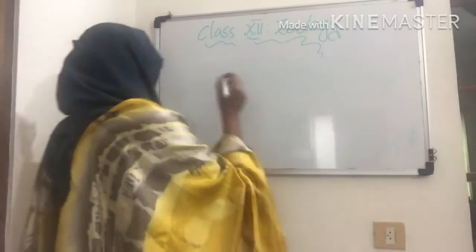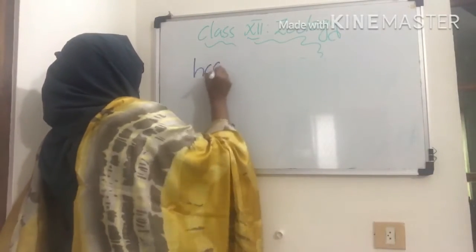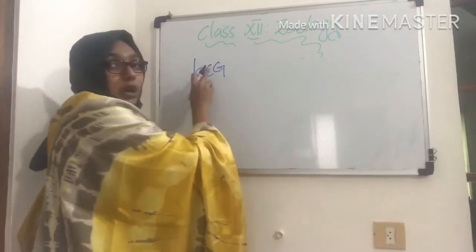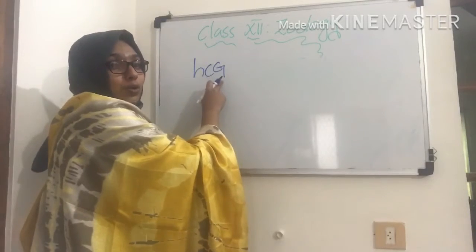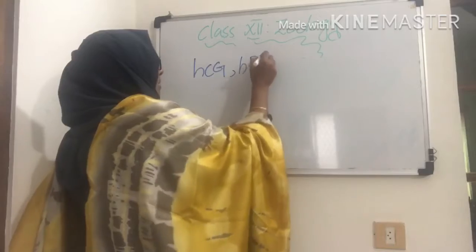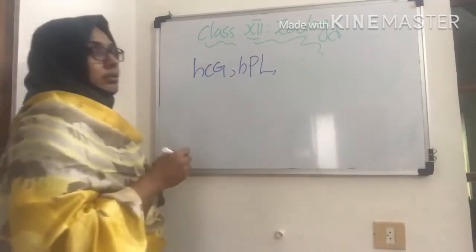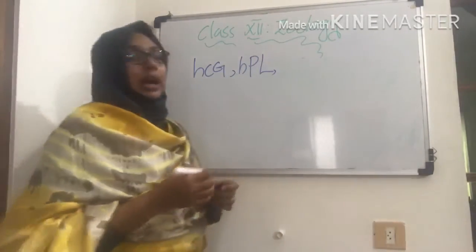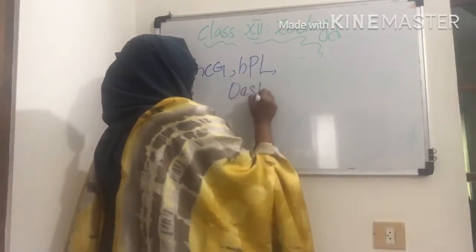So they act as an endocrine gland and they produce certain hormones: human chorionic gonadotropin, human placental lactogen, then estrogen and progesterone.